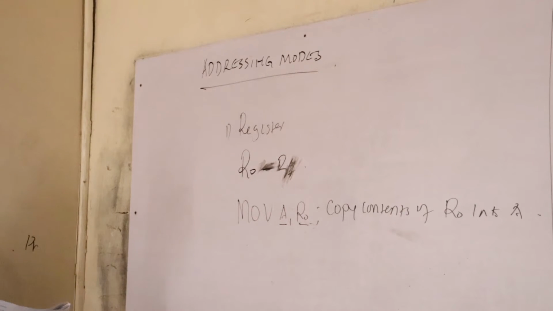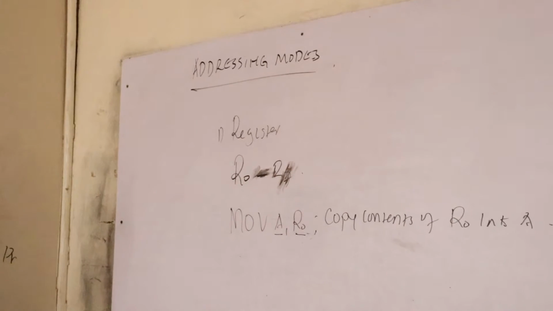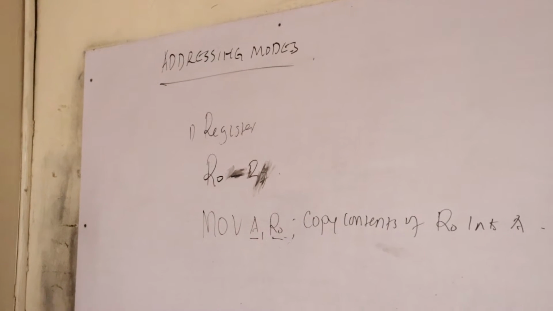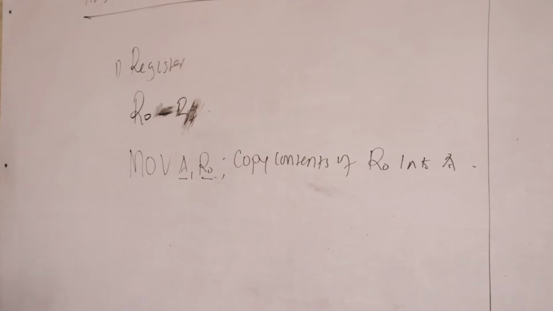So this particular instruction only involves registers. The information is taken from a register and moved to a register. The source is the register R0 and the destination is the register A.